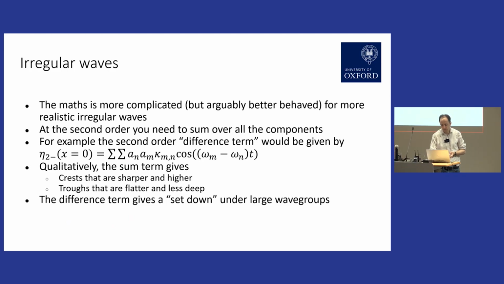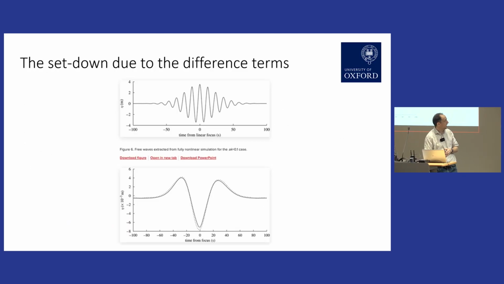But the difference term, at least for waves propagating in one direction, gives us a set down. So if we've got this wave group of 3 waves that you can see here at the top, if we look at just what the difference term is doing, ignore these 2 different lines, they're just 2 slightly different models, we actually get a reduction in the water level under that big wave packet.